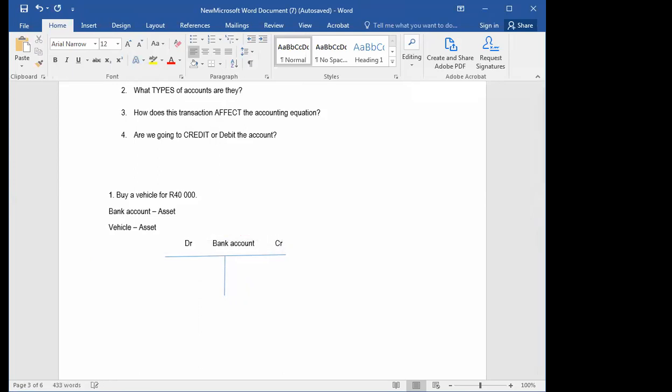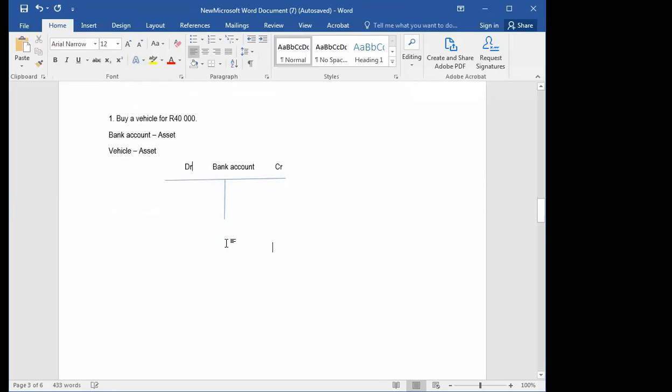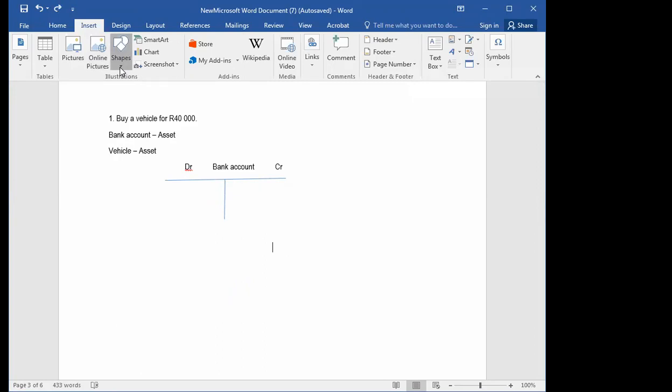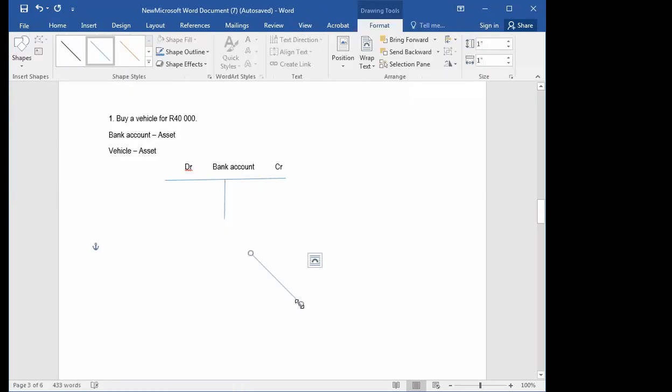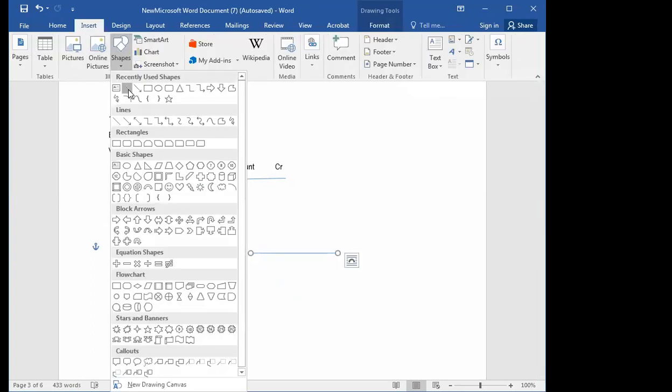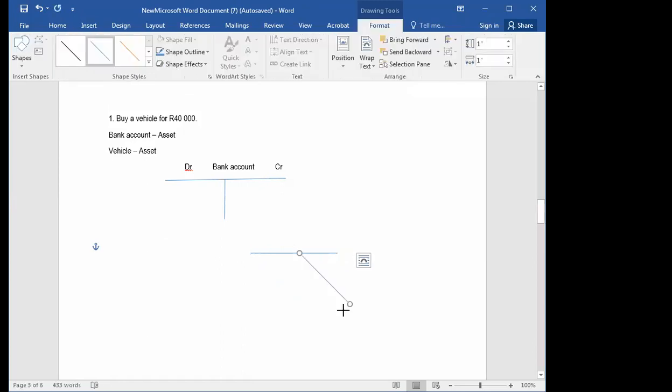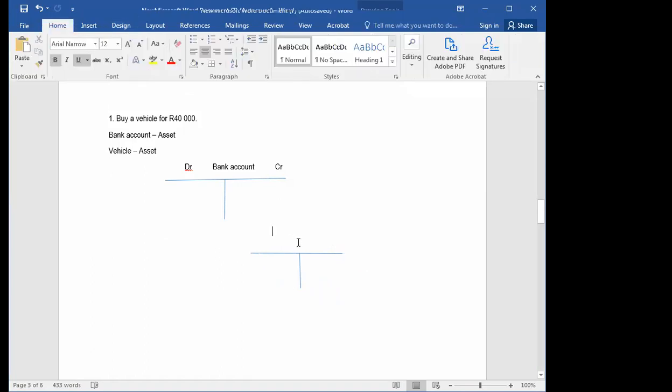The debit side. It is always a T account. Now we must draw another account, a vehicle account. Remember, these two accounts belong to assets. Because both are assets, they will increase on the debit side and decrease on the credit side. Now this is the vehicle account.